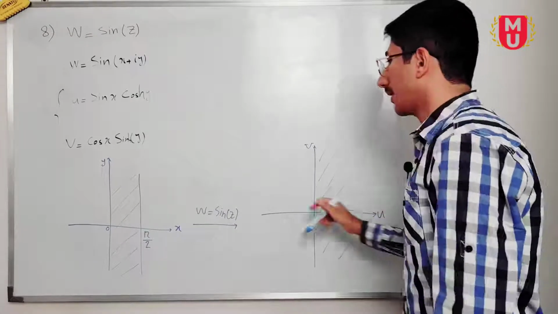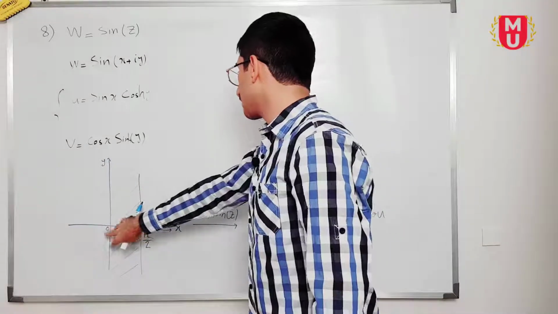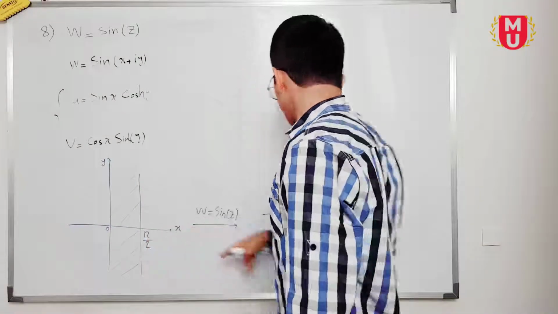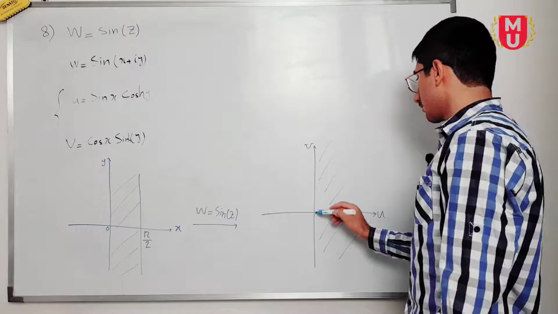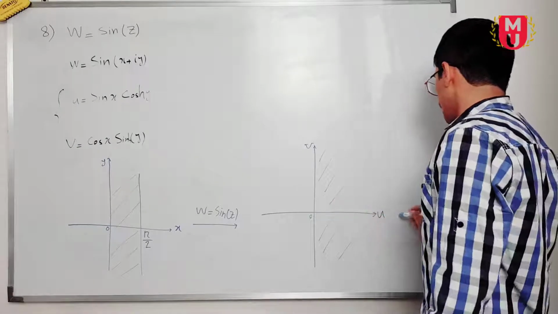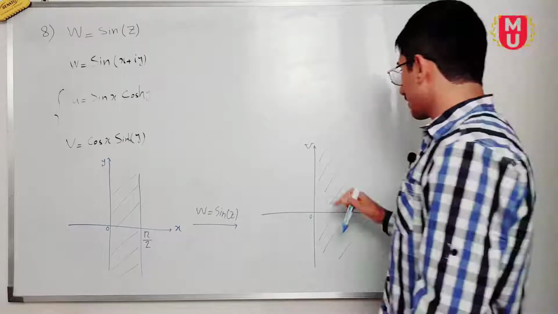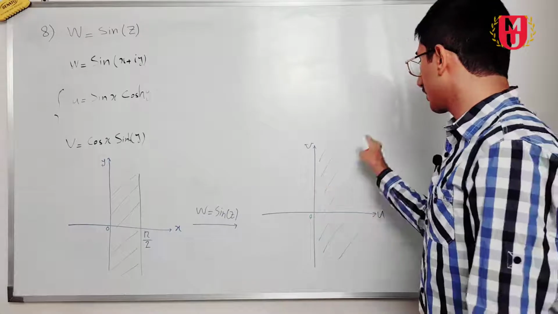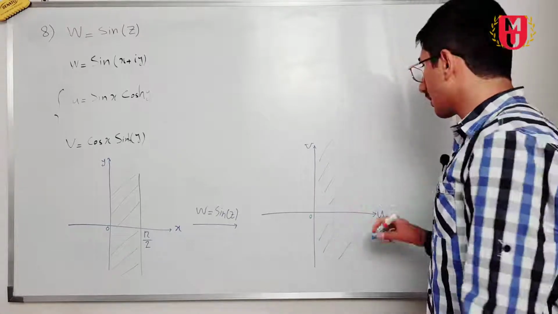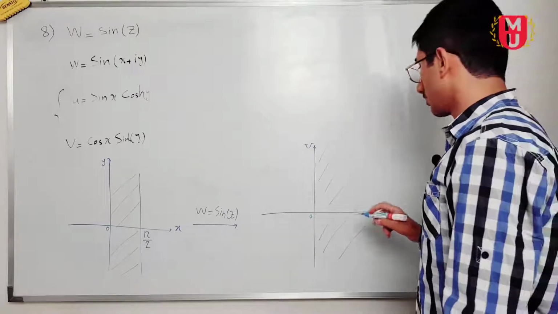It expands the surface from 0 to pi over 2, becoming from 0 to infinity. That's it. And this is the same direction. We will have another example of cosine that I'll tell you.